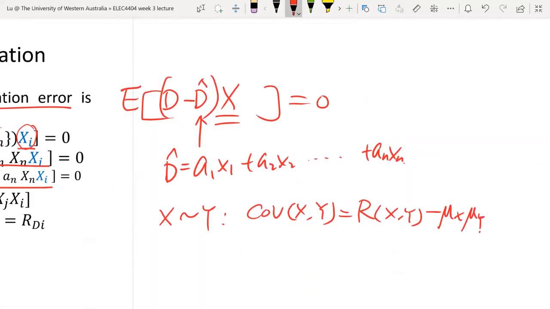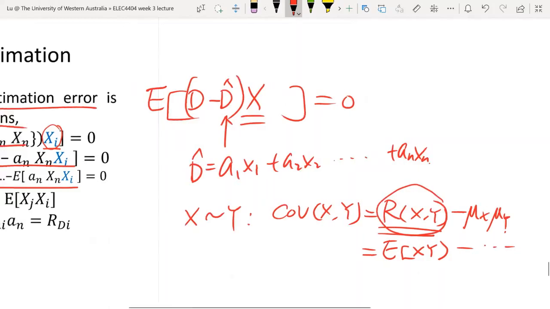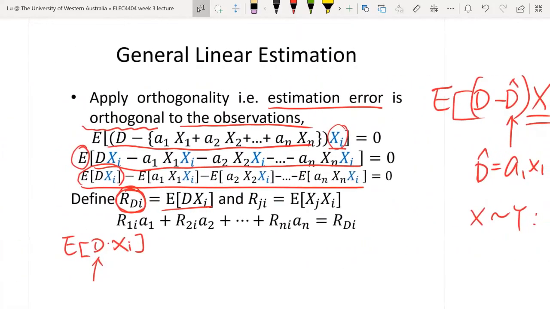That is for the single random variable case, right? And this is the correlation between X and Y. This is actually equal to the expectation of XY, and the remaining thing is the same. In other words, the correlation between two random variables is actually the expectation of the product of the two random variables. For this case, you can see inside this expectation, D, the desired signal, is a random variable, right? The Xi is also a random observation data.